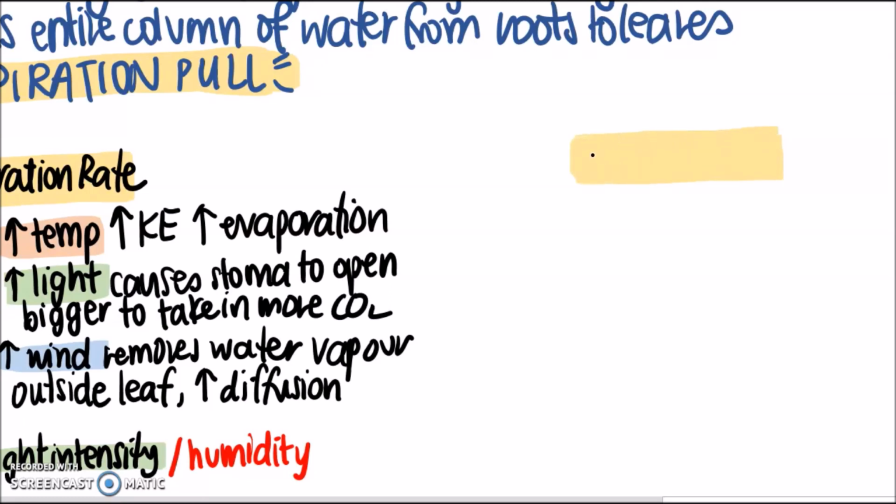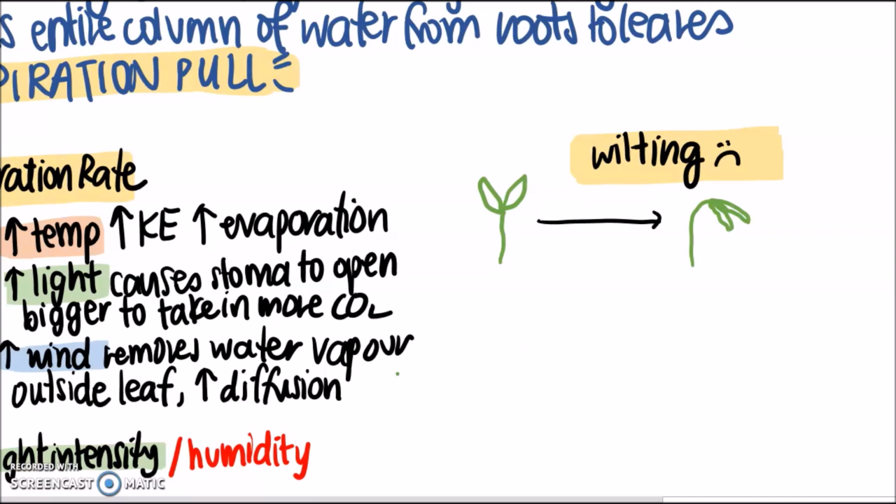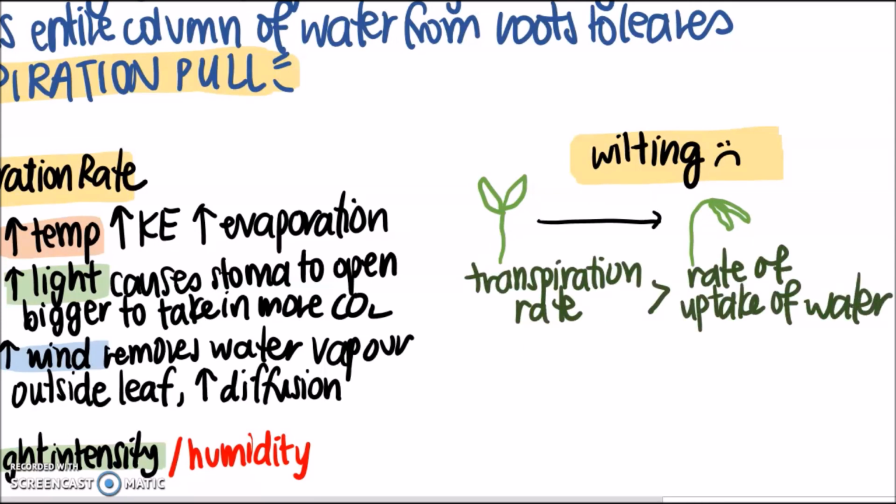Now lastly, let's talk about wilting. Okay, so this occurs when transpiration rate is actually greater than the rate of uptake of water. So I lose water faster than I can gain water. So this was called wilting. Now what happens is that in a normal condition, my cells are turgid, right? Because I have plenty of water and the stoma is opened wide.